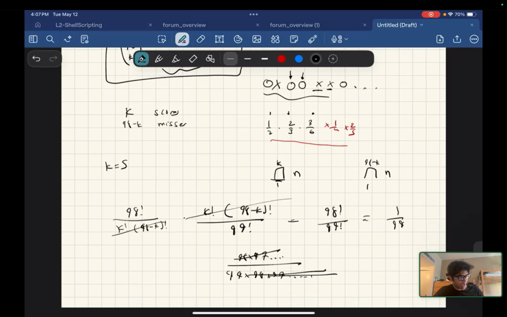You're left with 1 over 99. And that's telling us that the probability of making any particular number of shots that you choose is the same. So the probability of making 1 more shot versus making 10 more shots, or 15 or 25, they all have the same probability of 1 over 99.